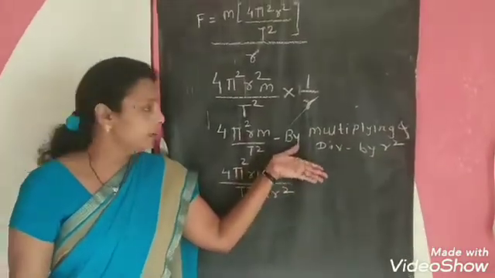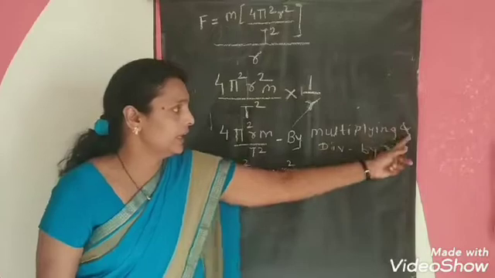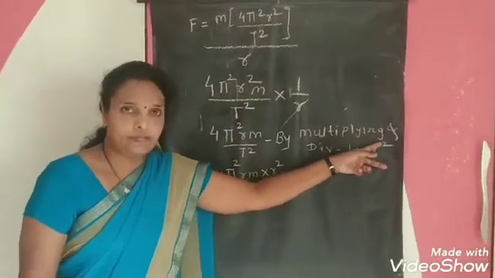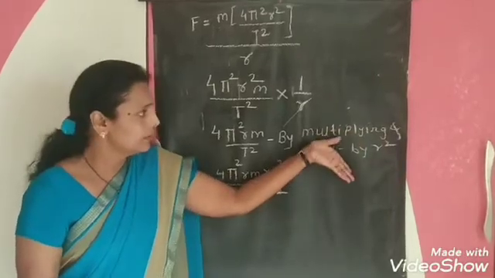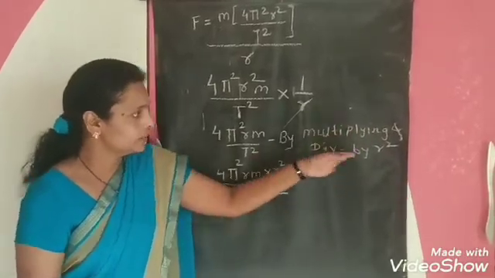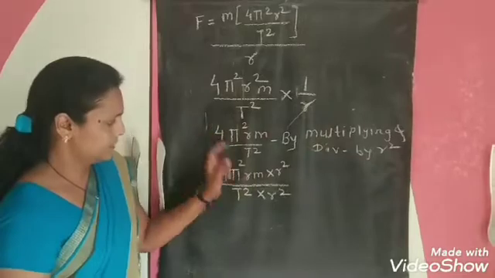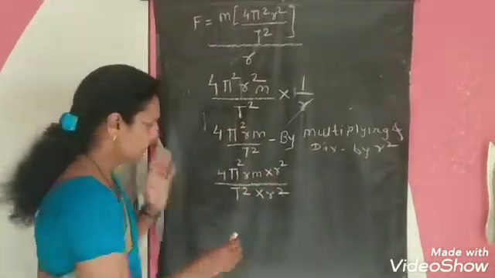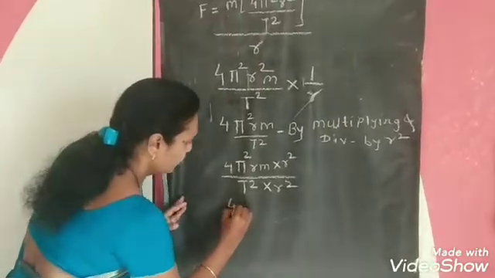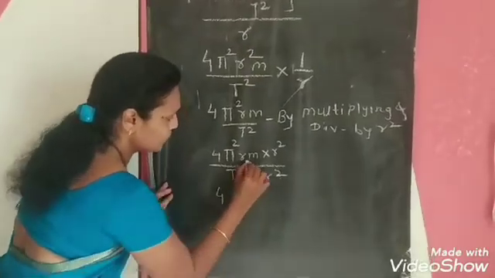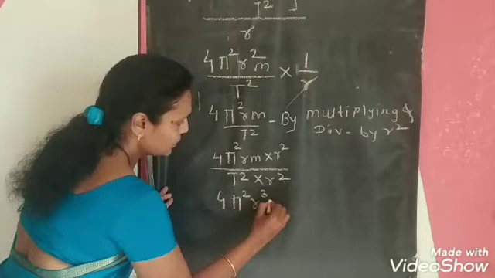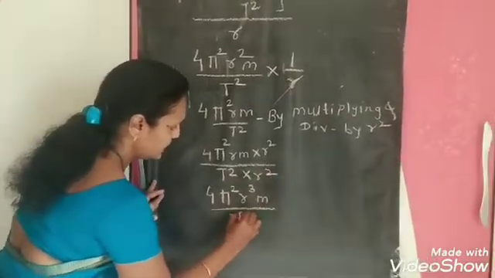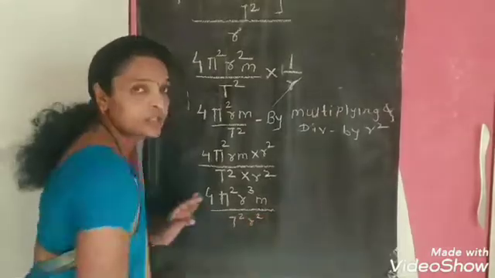By multiplying and dividing by r square, means multiplying and dividing both these steps. So here we multiply. Now what will we get? See here, 4 pi square r cube m divided by t square r square.